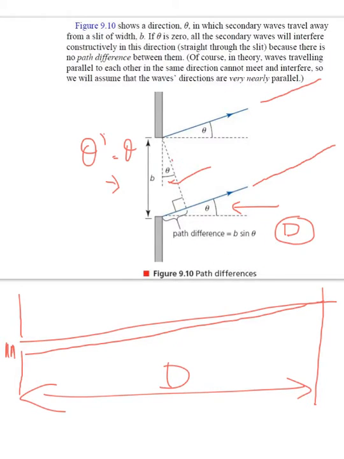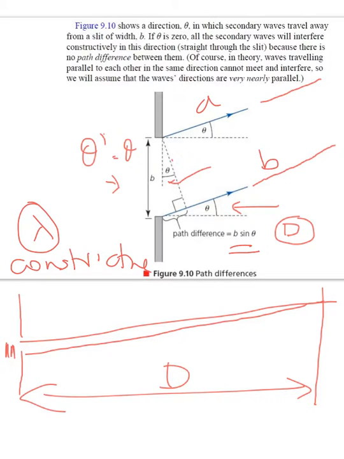Now let's do a bit of background theory. If this path difference, the difference in length of this wave and this wave, if that path difference is lambda, then what you get is constructive interference. And if it's lambda over 2, it becomes destructive.